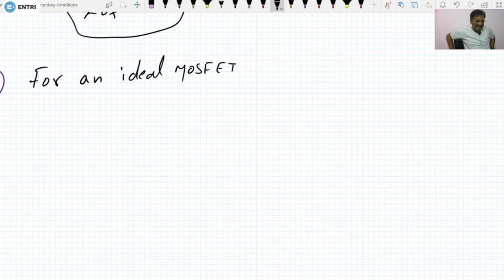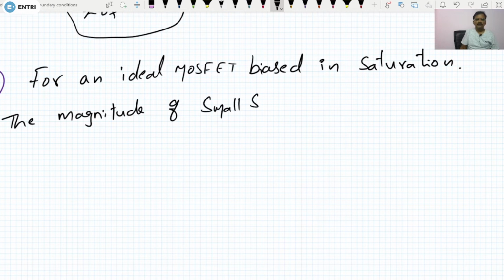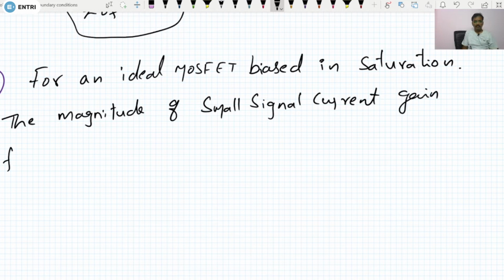So next question, write down: for an ideal MOSFET biased in saturation, the magnitude of the small signal current gain for a common drain amplifier is.